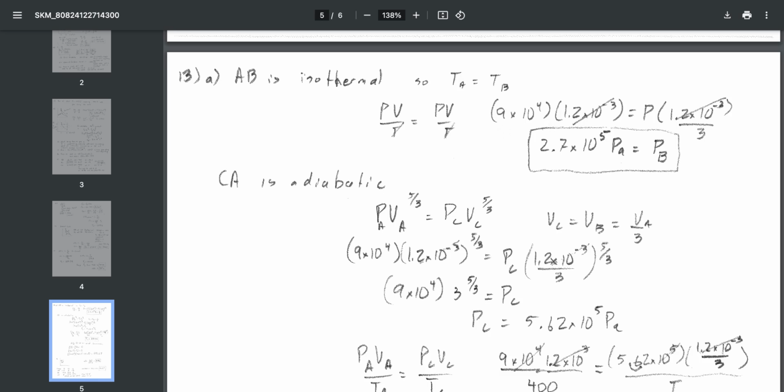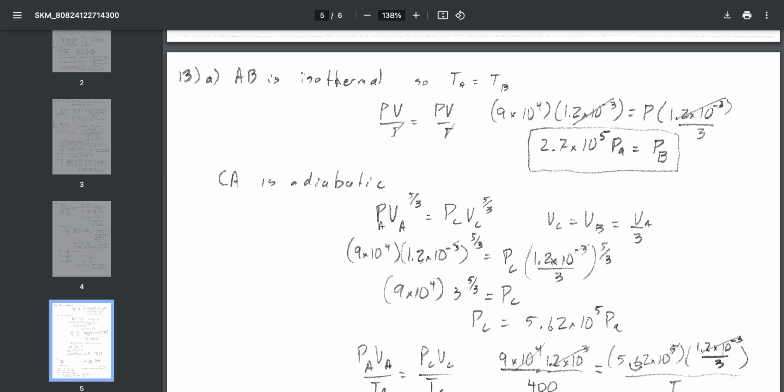Because AB is isothermal, we can do PV over T is equal to PV over T, and the T's will cancel out. So that allows us to find our pressure at B, very straightforward.